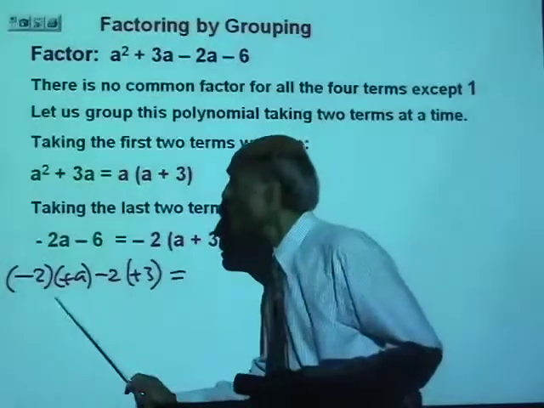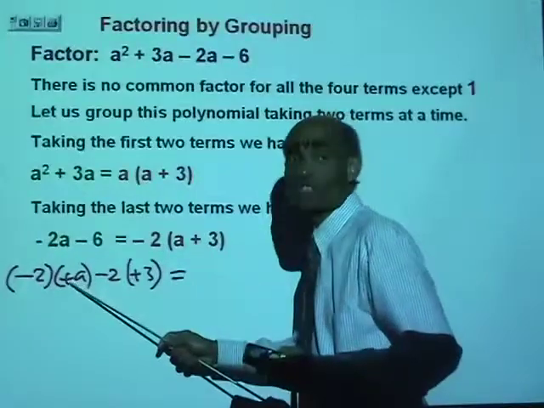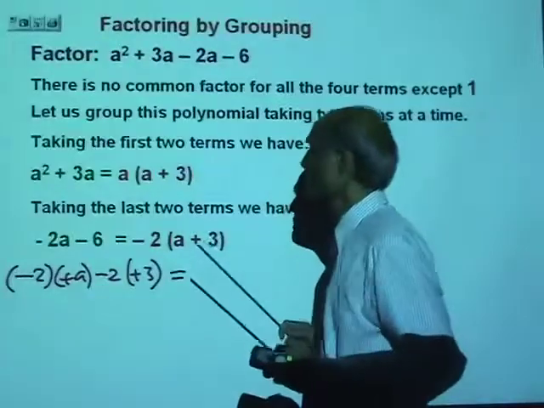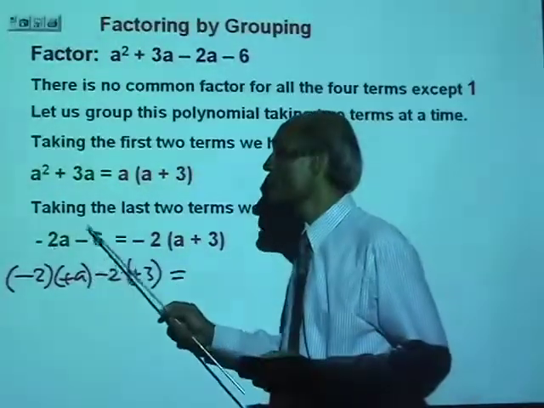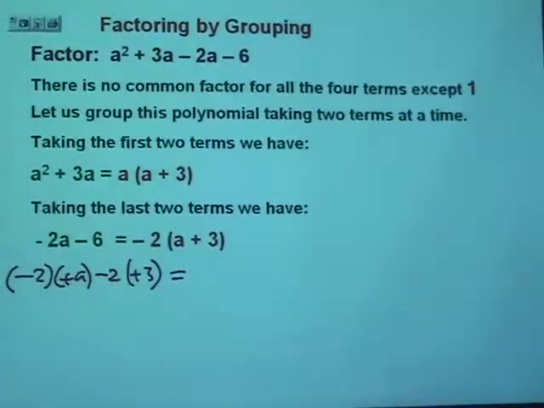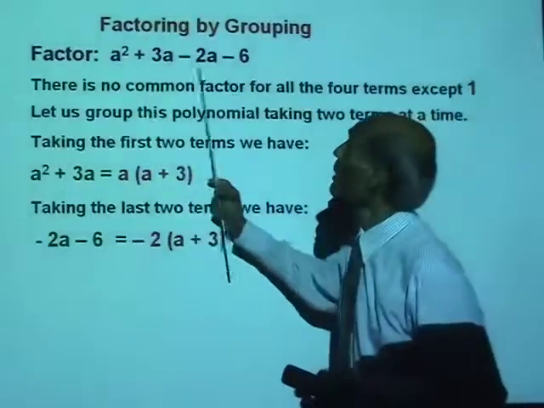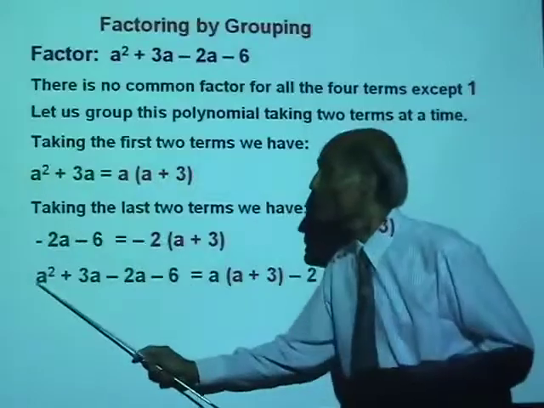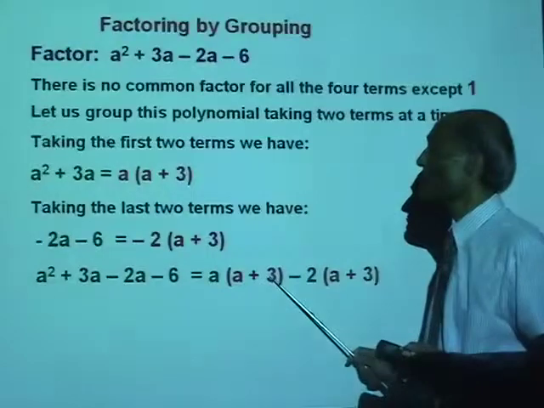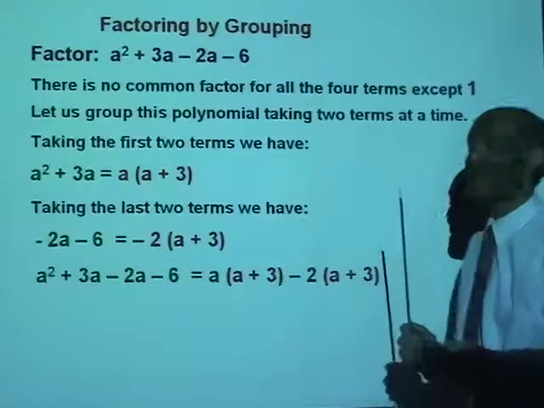What I have done is taken the negative 2 as the common factor. What is left in the first term is positive a, and in the second term is positive 3. So negative 2a minus 6 is equal to negative 2 times a plus 3. Now, if you put them all together, the first two terms are written as a times a plus 3, and the last two terms as minus 2 times a plus 3.